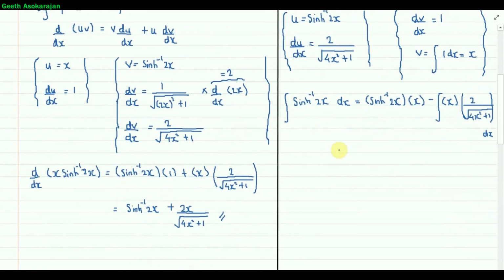Now let me multiply the brackets on the right. So x times the inverse hyperbolic sine 2x, minus the integral of 2 times x, which is 2x, divided by the square root of 4x squared plus 1.